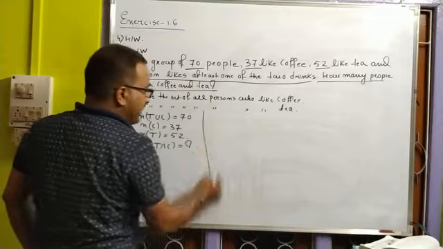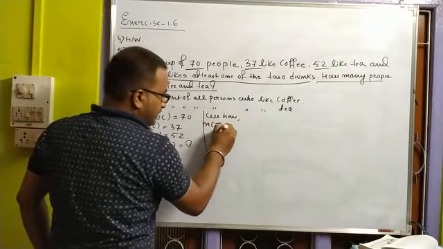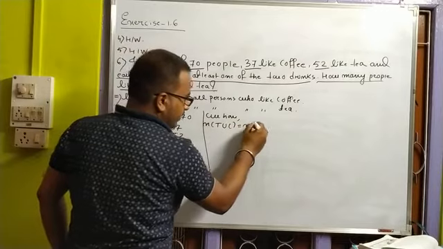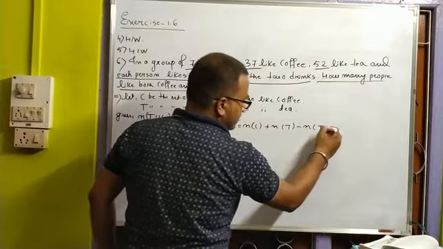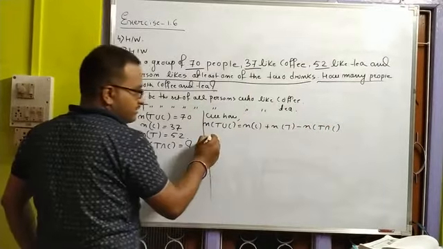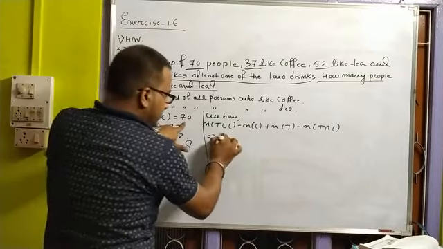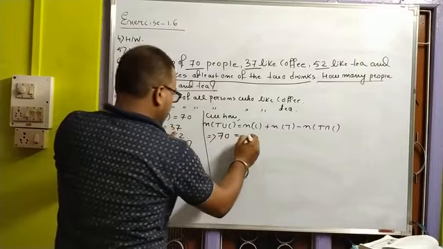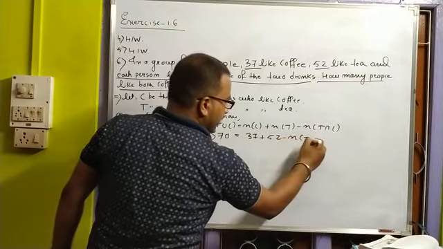So it is the same as the earlier one. Again we have the number of elements of the set T union C equals the number of elements of the set C plus the number of elements of the set T minus the number of elements of the set T intersection C. Then you just put the values. This is 70, this is 37, and this is 52, and this is what you have to find.